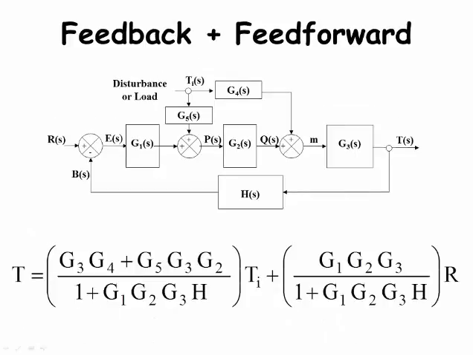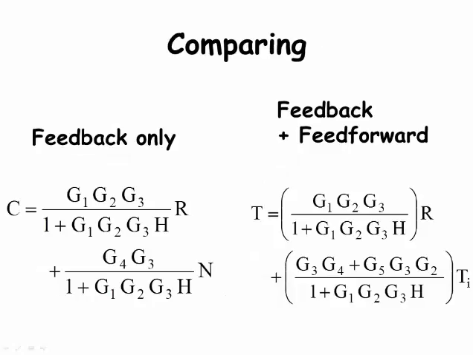After some algebra to simplify the equation, we get the equation shown here that describes the process output T as a function of all the transfer function elements and the two process inputs, T subscript I and the set point R. Here are two Laplace domain equations describing closed-loop process control systems. The one on the left is the equation for feedback only.